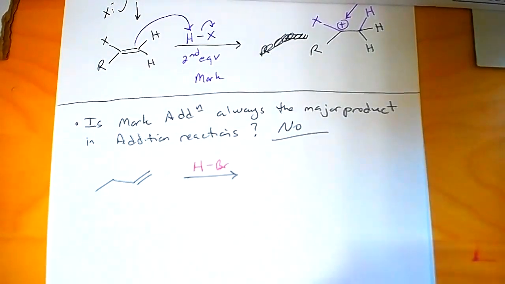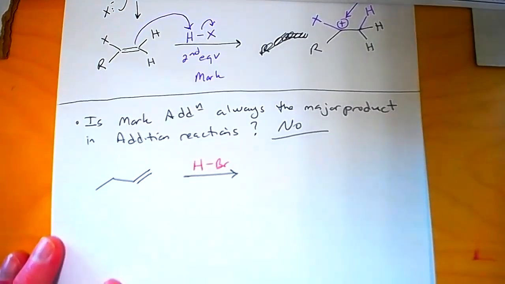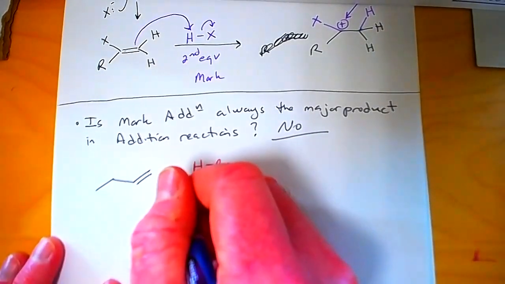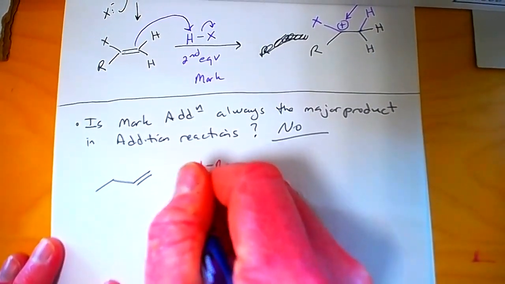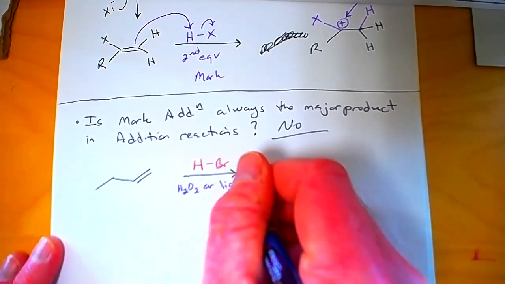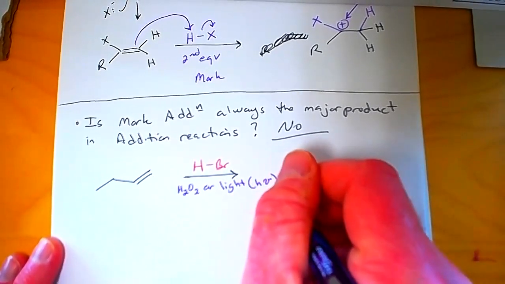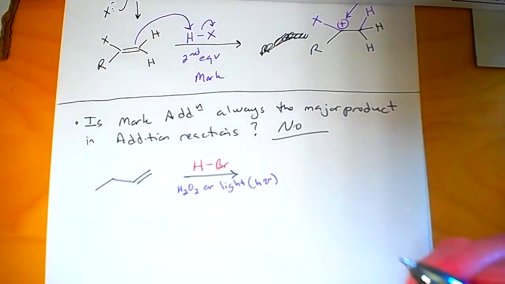Okay. Now, if we had in that solution either some peroxides or light, if it was exposed to light, light is often abbreviated as h-nu for energy.